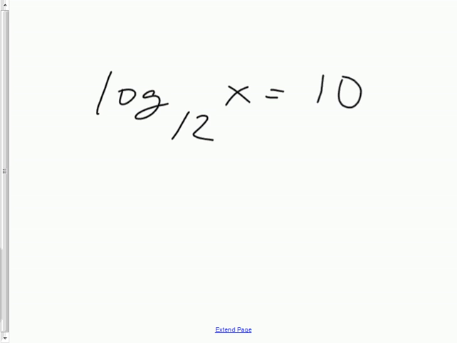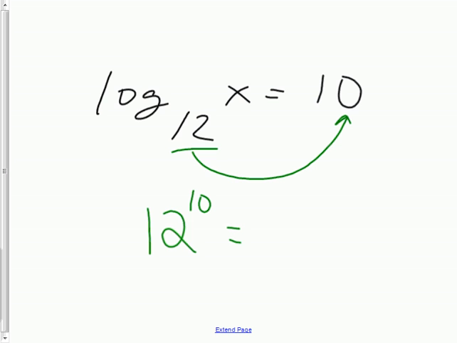This could have been an exponent problem with 12 being the base. Which of them is the exponent, the 10 or the x? The 10. Remember how you have to go back and forth? You jump over to this side to get your next number. 12 to the 10th is, come back to this, x. That's the exponent version of it. Do you get that, in this case, the exponent version is better because x is alone?